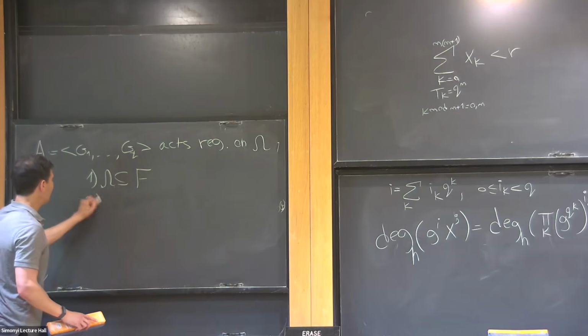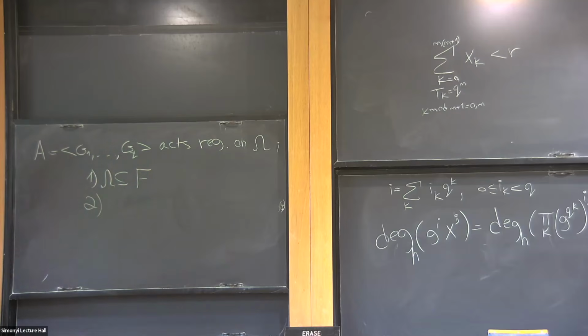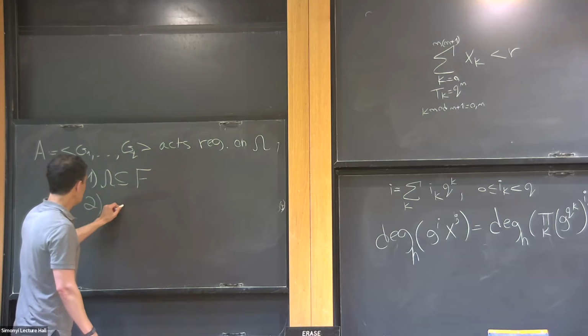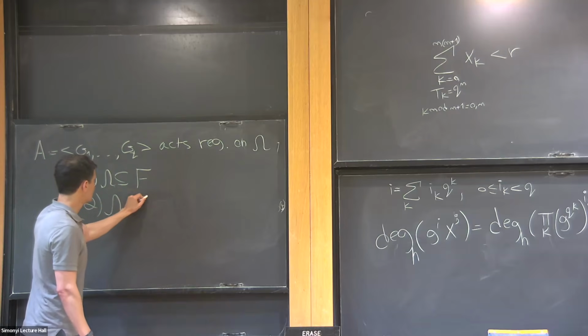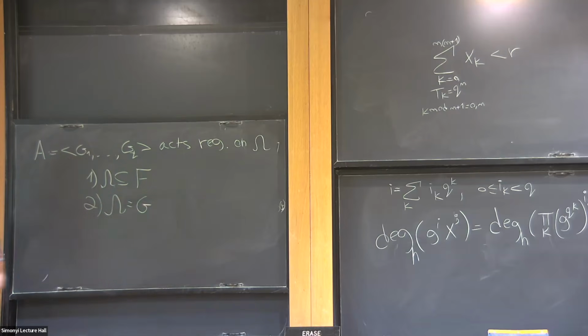And in other instantiations of this framework, omega is the group itself, so the group acts on itself by multiplication. I will tell you examples.